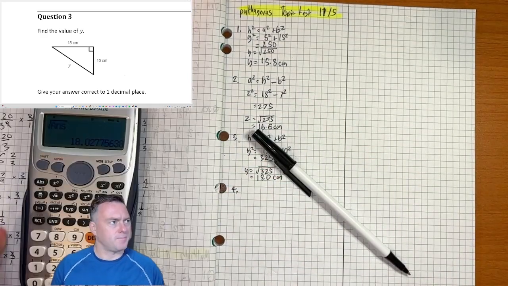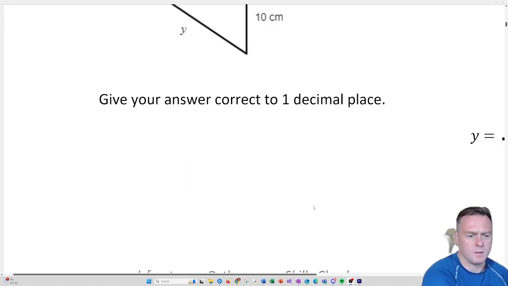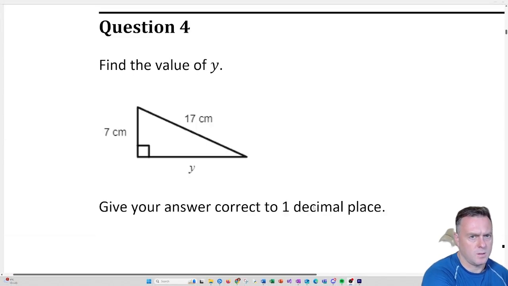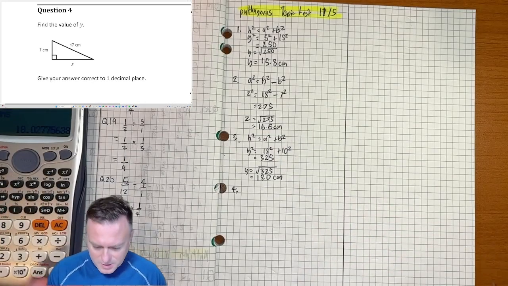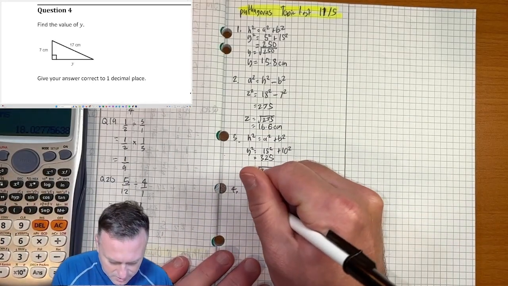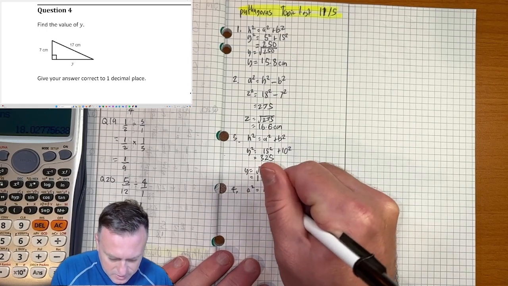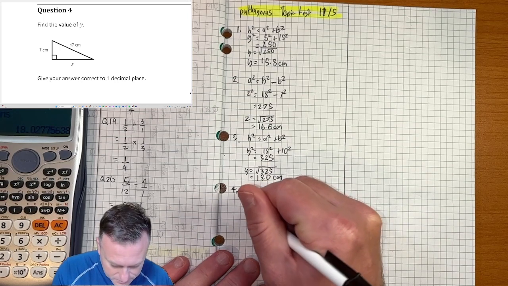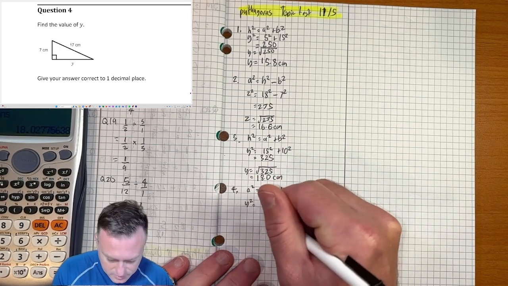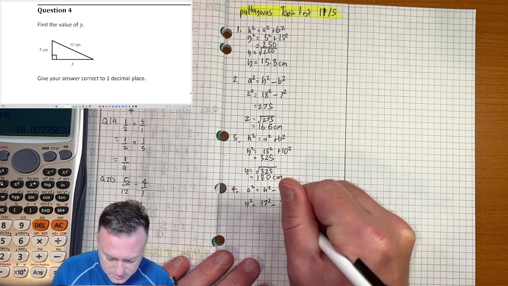Number 4. Find the value of y. So we've got the hypotenuse, trying to find the shorter side here. So we state the rule again. So a squared is equal to h squared minus b squared. We then fill in the blanks. So then we go y squared is equal to 17 squared minus 7 squared.